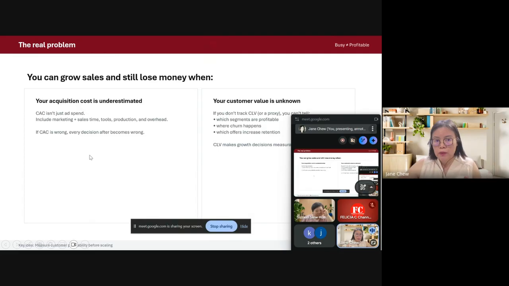A lot of times we underestimate it. We only count maybe the ad spend or the very direct cost that we can actually detect, right? But behind the business, there is actually so much cost incurred. So we need to know how to calculate this acquisition cost.